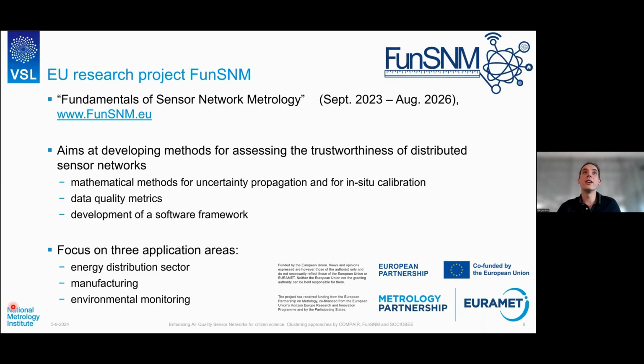And actually, there are three main applications: the energy distribution sector, also sensors in manufacturing environments, and environmental monitoring. So air quality measurements are just one small part, 1/3 or so of the FUNsnm project, which is a project in the metrology partnership, which is part also of Horizon Europe.